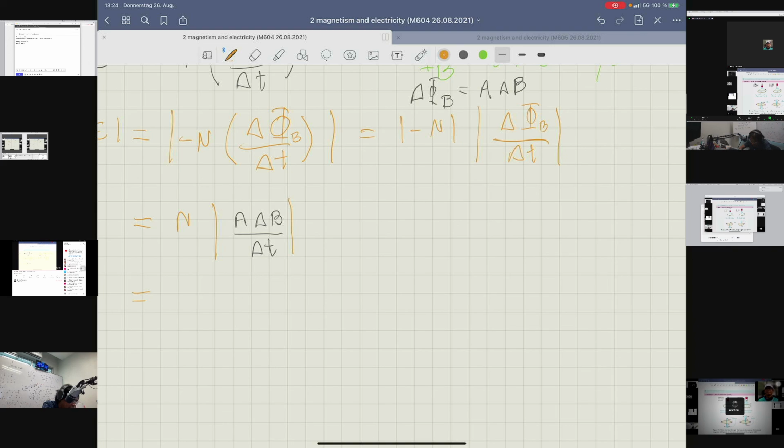And delta B by delta t is what they have already provided here, which is 0.02 Tesla per second. You can also leave the absolute value, but it doesn't matter at all. We place all these three amounts into the calculator and we get the multiplication result.